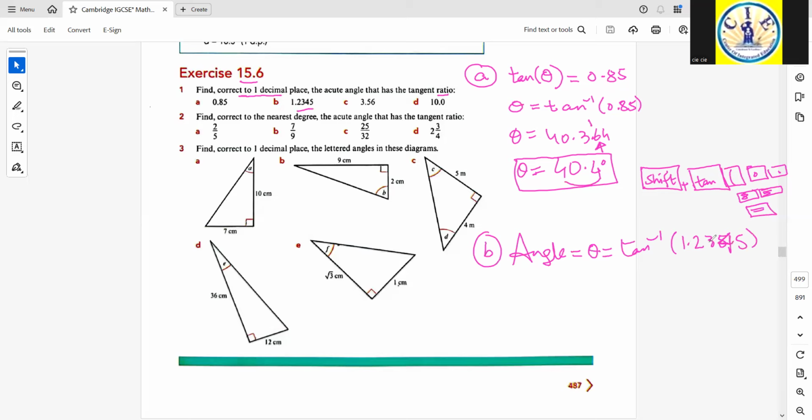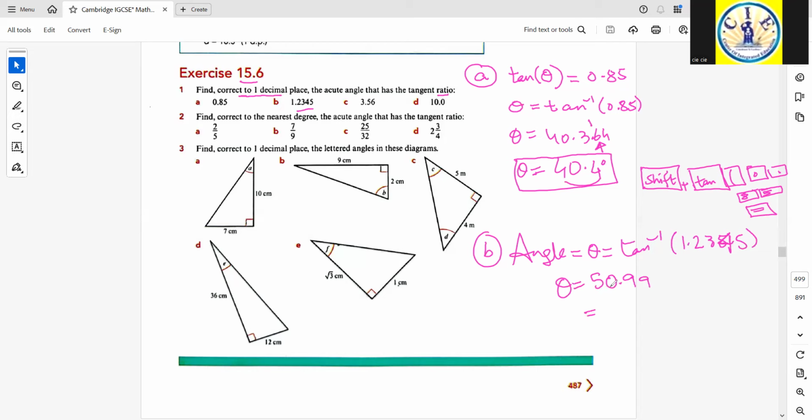So using your calculator, you will do it. The answer is 50.99.